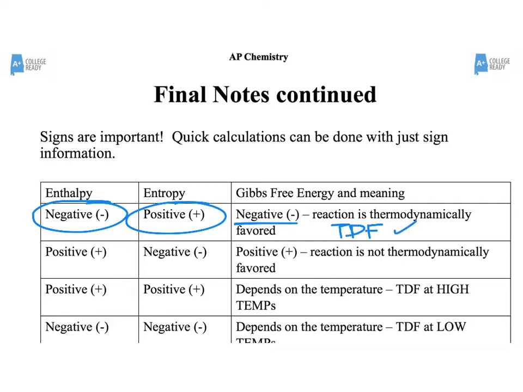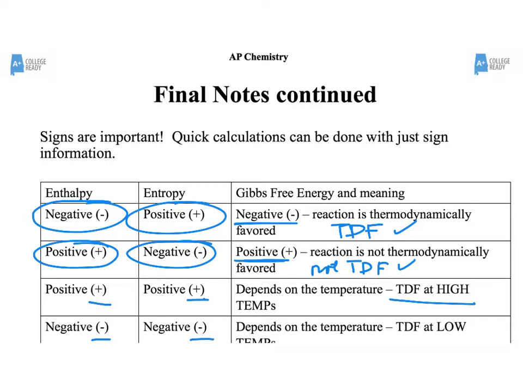What if we're going against the universe? Positive enthalpies, negative entropies give you positive delta G's, not thermodynamically favored. All right. What if your signs are the same? If they are the same, it depends on the temperature. If they're both positive, then they are thermodynamically favored at high temperature. If they're both negative, it's thermodynamically favored at low temperature.